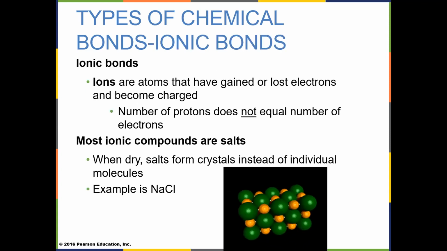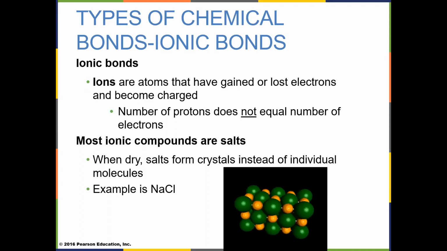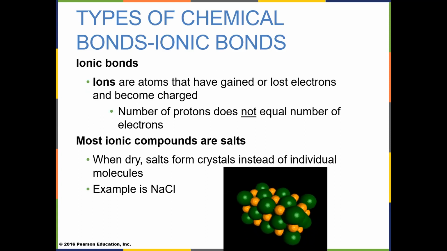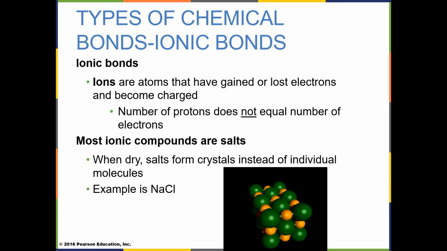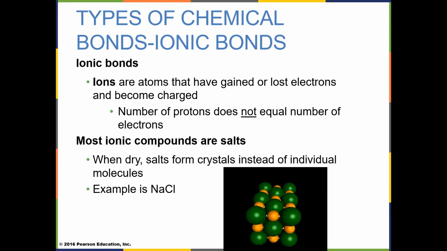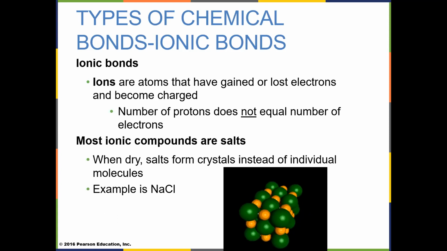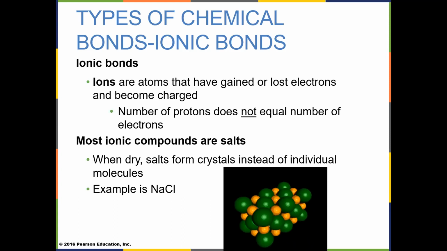Ionic bonds. Atoms will physically give up an electron or physically gain an electron. When they give up an electron, they have what we call a positive charge. When they gain an electron, they have what we call a negative charge. They become ions.